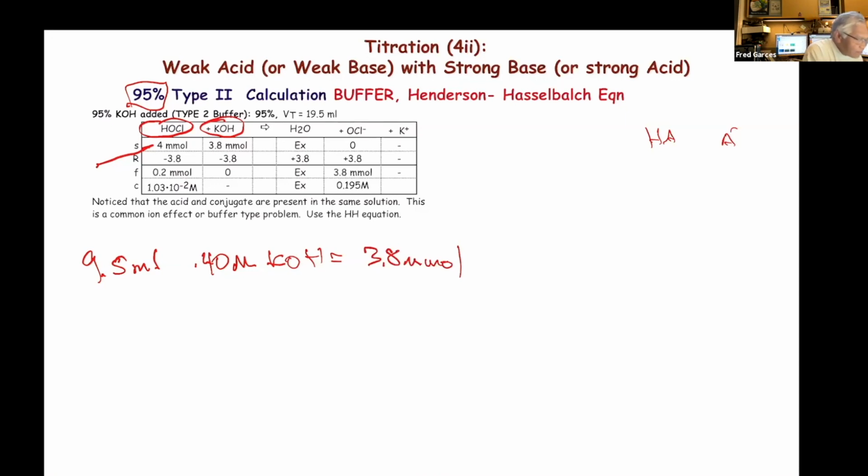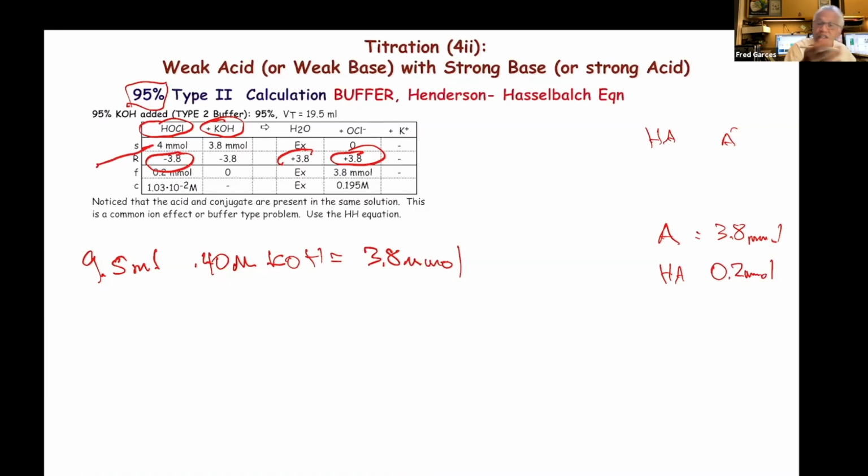That's going to demand that 3.8 of your acid reacts, which means it forms 3.8 of the conjugate. The amount that reacts is going to form the conjugate. Now the conjugate is 3.8 millimoles. The acid is 4 minus 3.8, 0.2 millimoles.